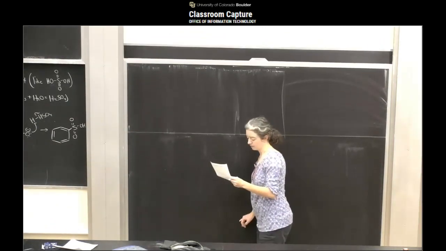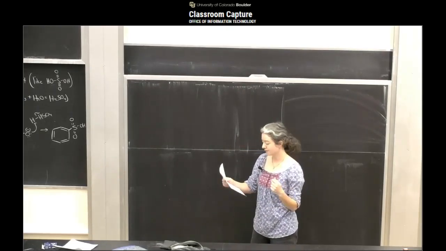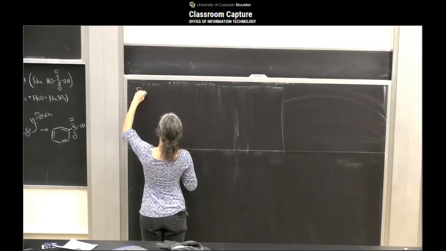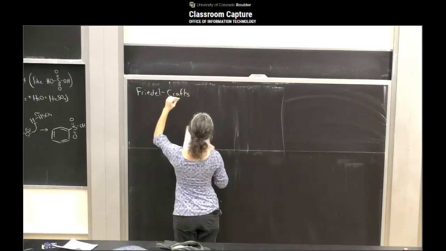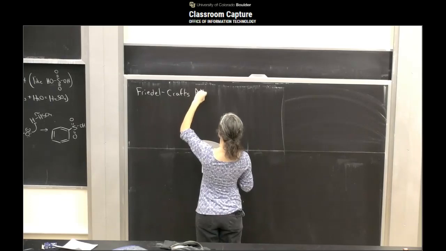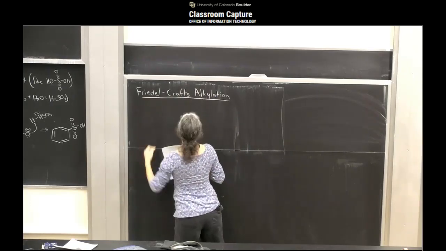So the next two we're going to look at were both discovered by the same two chemists, but they have slightly different names because they do slightly different things. Friedel and Crafts were the two chemists, and they did one version of this reaction that's called alkylation.